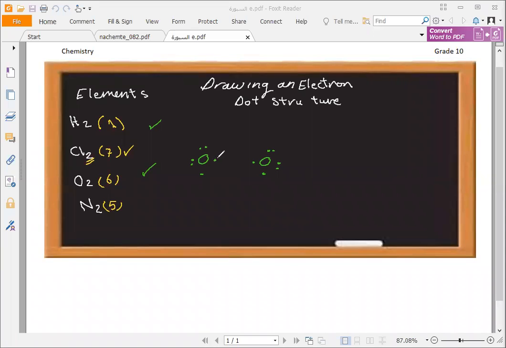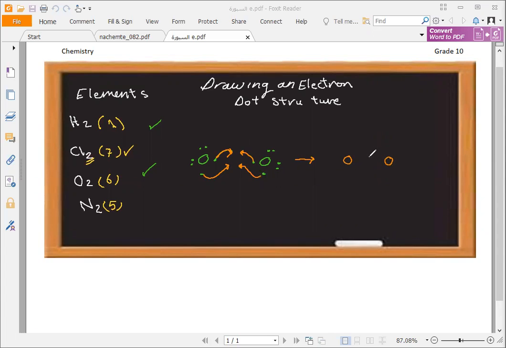Now, we have only 2 oxygen atoms, so this oxygen atom offers 2 electrons, and this oxygen atom offers 2 electrons, and they will form this molecule, oxygen.